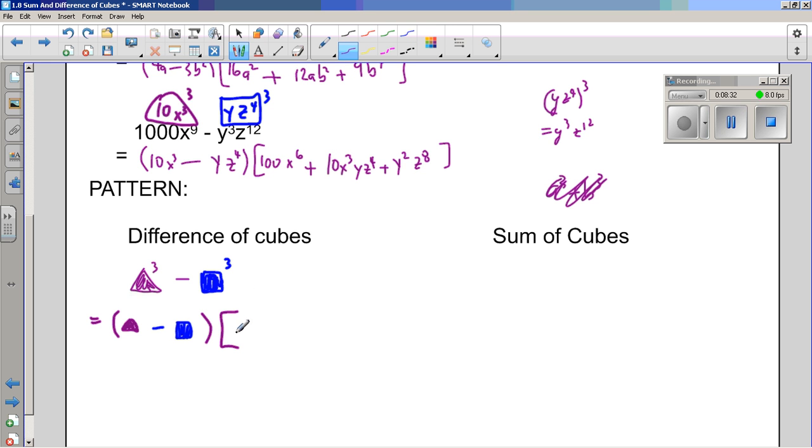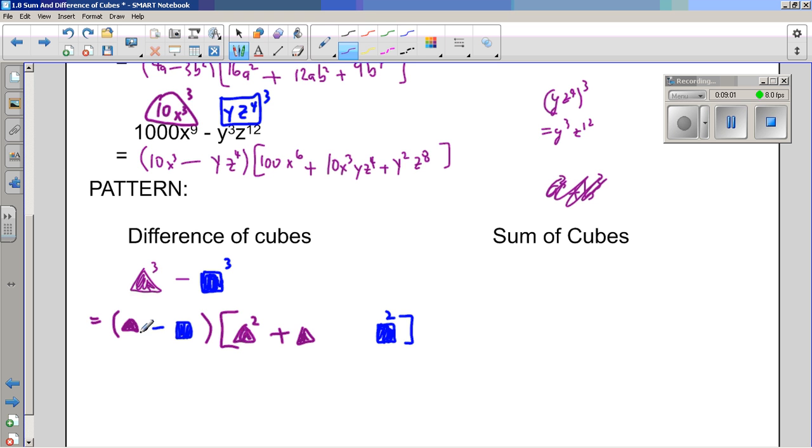Then how does the rest go? Well, the first term is this squared, and it doesn't matter what it is. It could be a complicated expression. And then the last term, and I like doing the last term next, is the second thing all squared. And then the middle term, it's opposite, right?